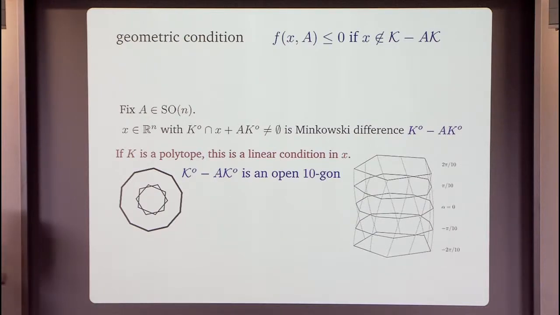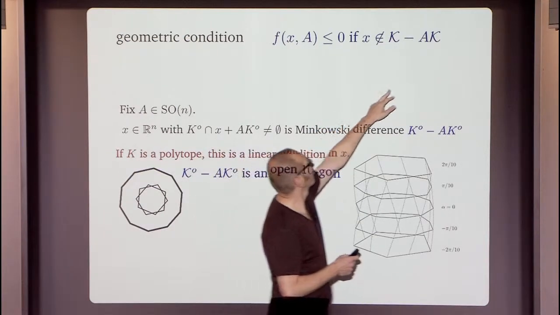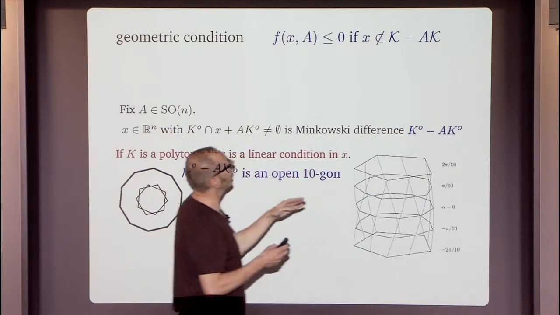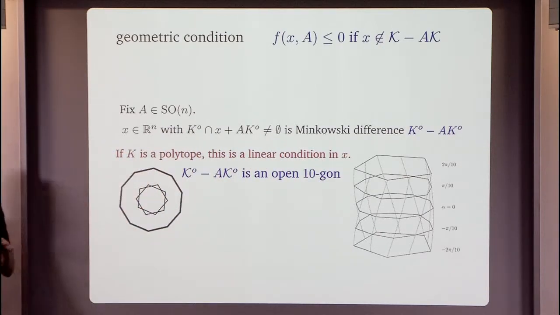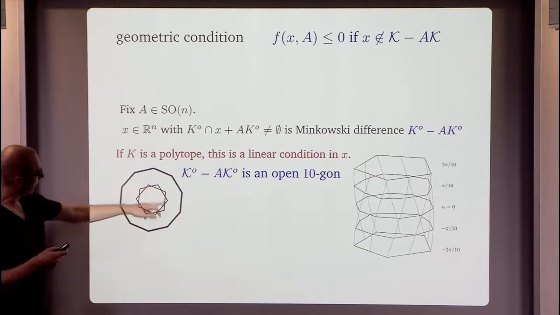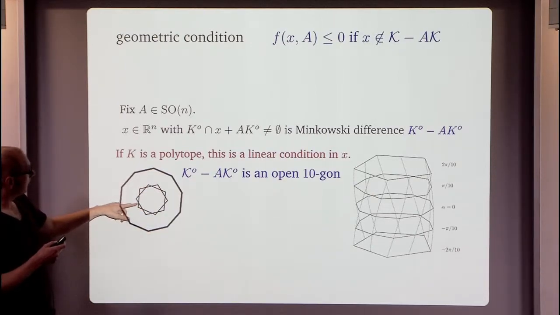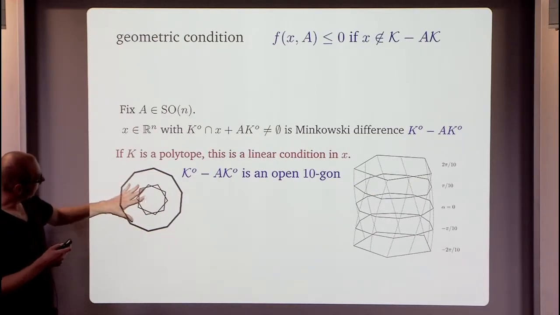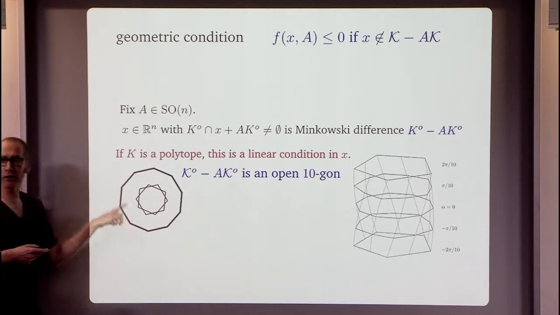And if A is fixed, if we think about the rotation A as being fixed, then K minus AK, if K is a polytope, is just another polytope. And in the case of the 5-gon, say this is K, the other pentagon is minus AK, then the Minkowski difference is simply this 10-gon.